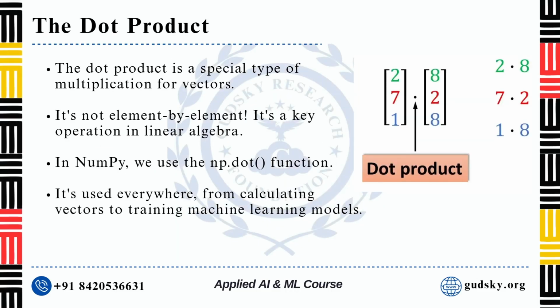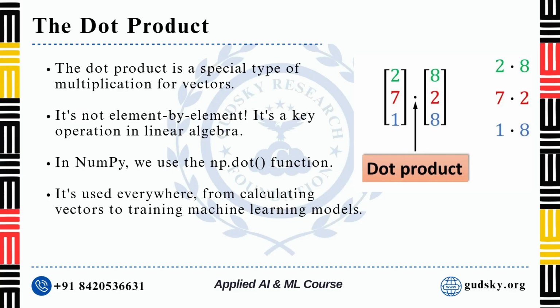The dot product. Now for a really important one, the dot product. This is a special type of multiplication for vectors. It's not just multiplying elements by elements. The result of a dot product is a single number. This operation is fundamental in many fields, especially in machine learning, where it's used to calculate things like the similarity between two vectors.